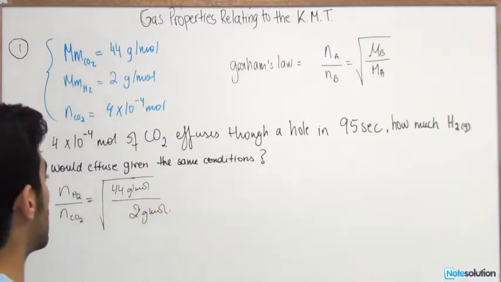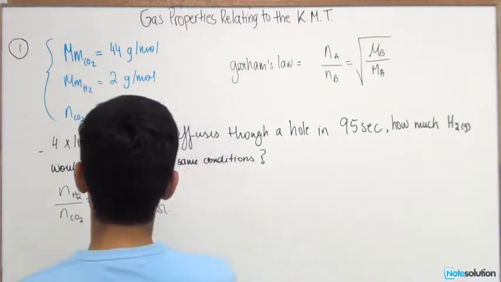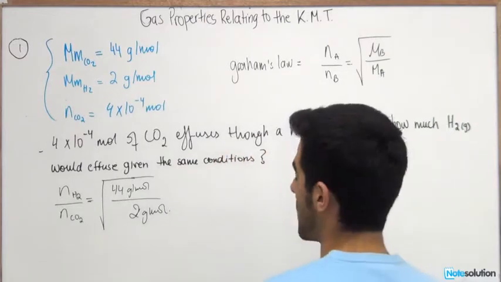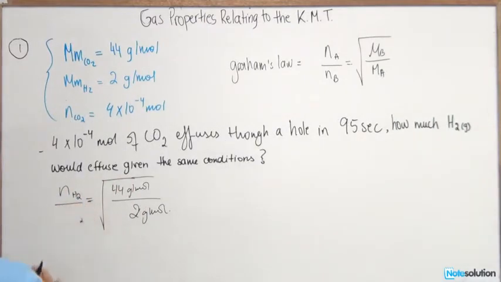So now we also know the number of moles of carbon dioxide, so we can just write it over here. So that would be 4 times 10 to the power minus 4 moles.